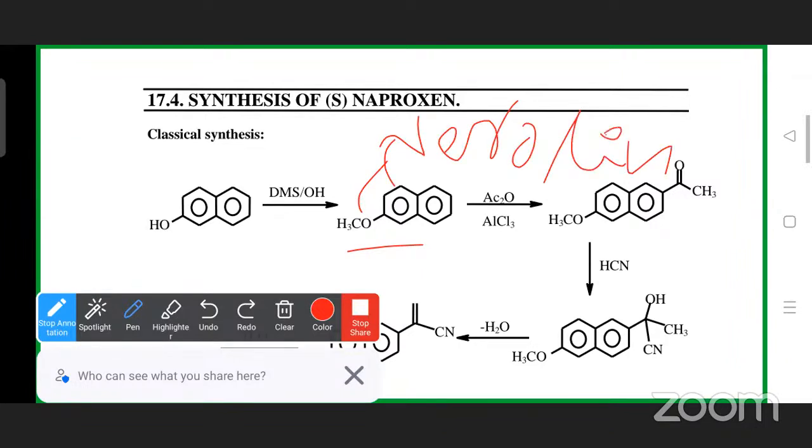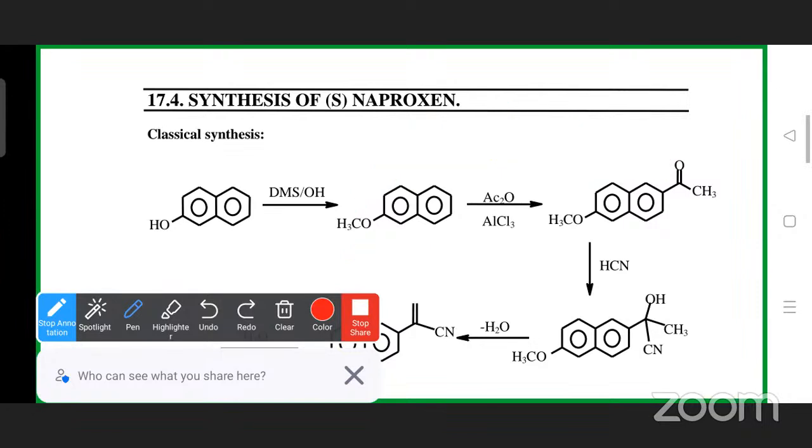Right? So we call it nerolin here. Naphthyl methyl ether, nerolin, and generally we use this nerolin in nail polish.